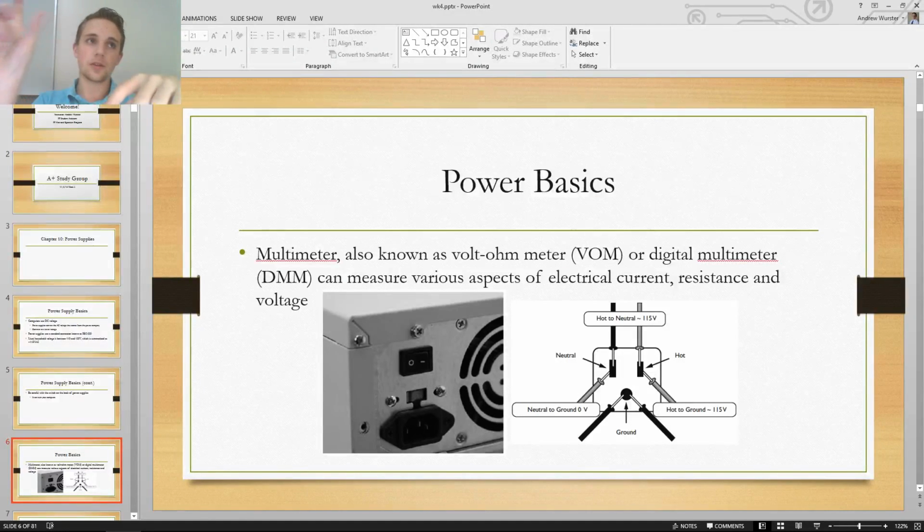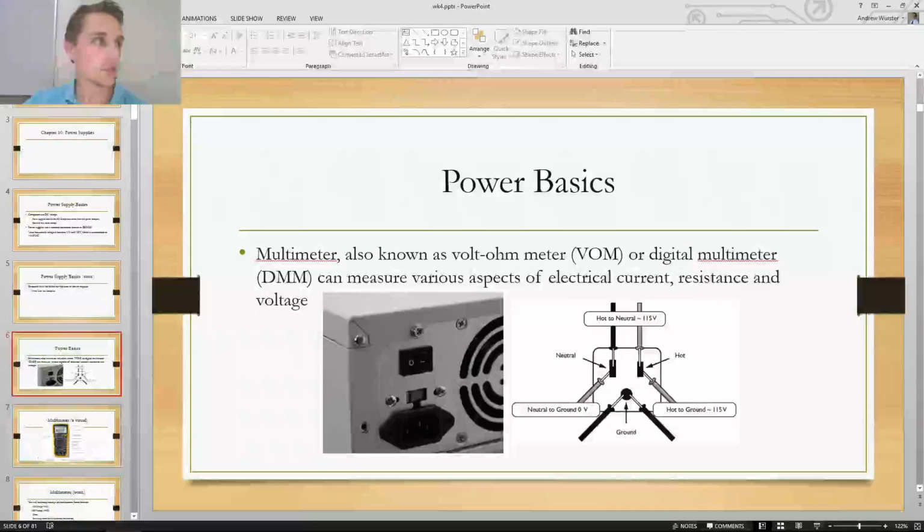So then, anything from hot should read 115, and anything from neutral to ground should be 0, and actually that should be the only one that's 0. And if it's anything but that diagram, then there's a problem.